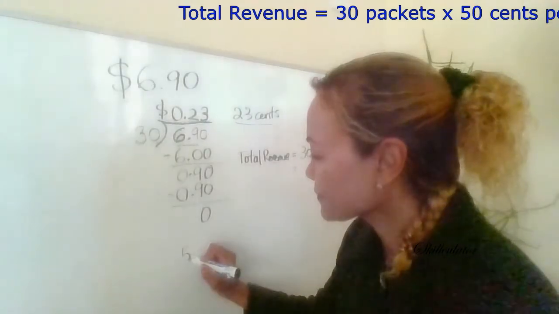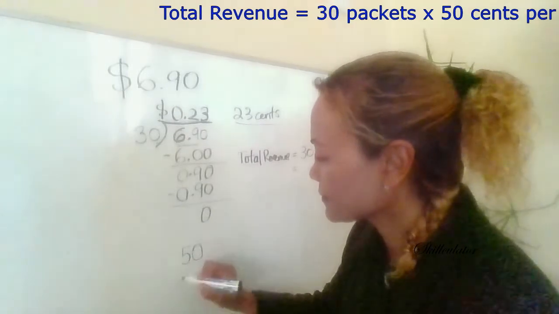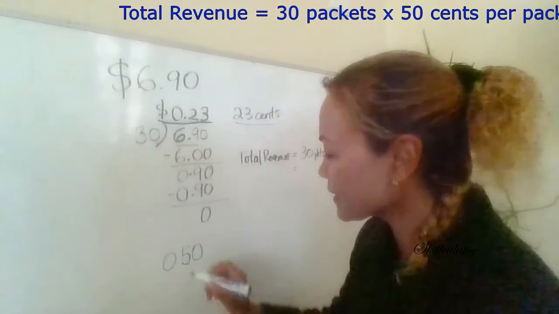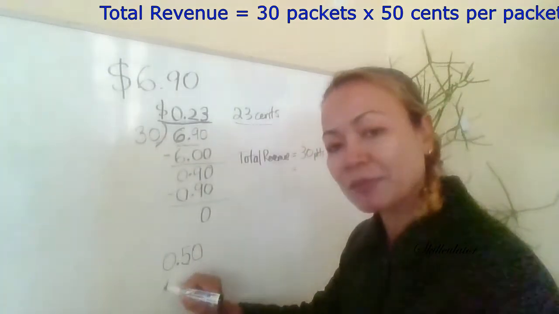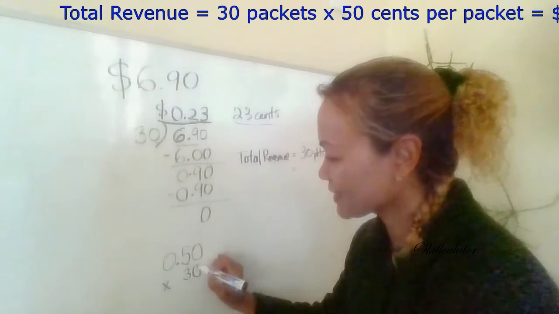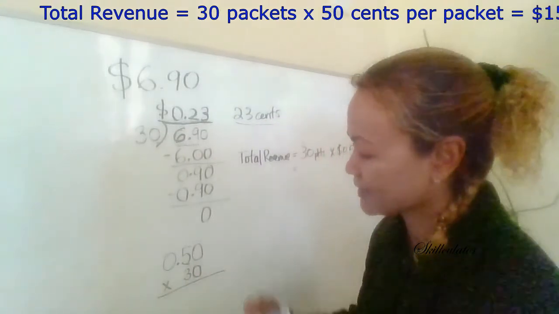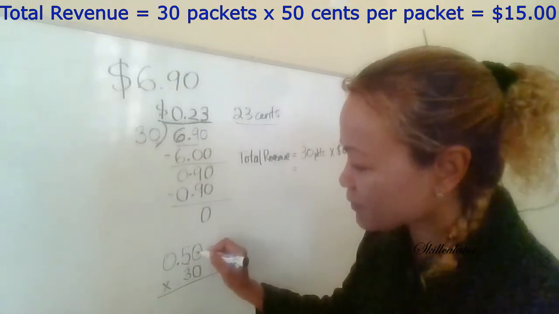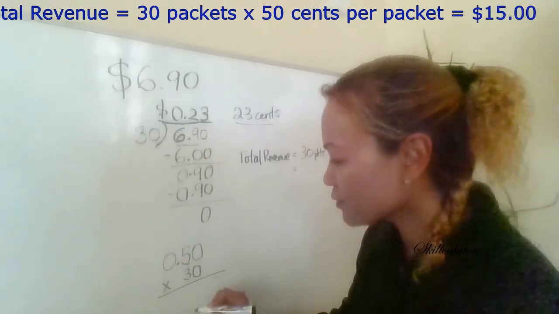Okay. $0.50 multiplied by 30. We know 0 times whatever's up here will end up with 0, so that's fine.